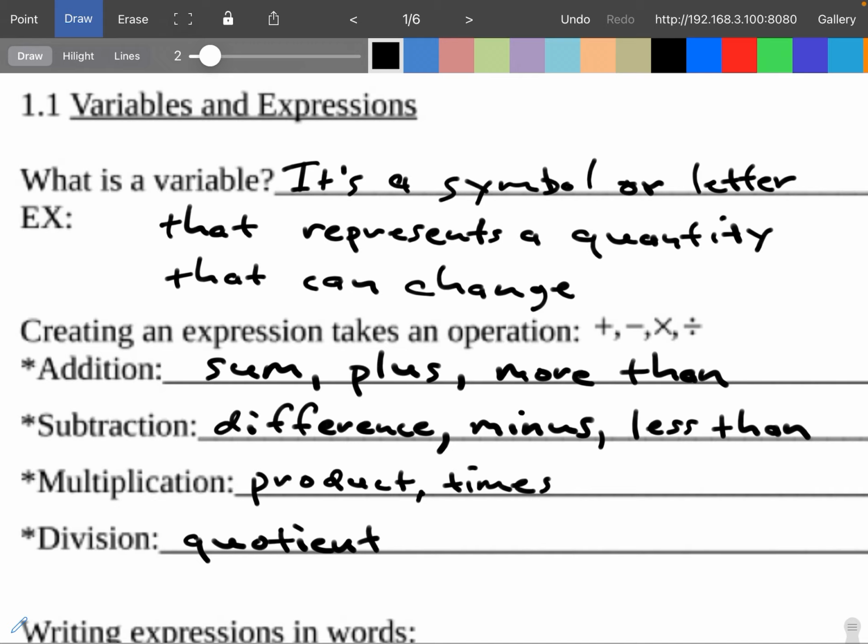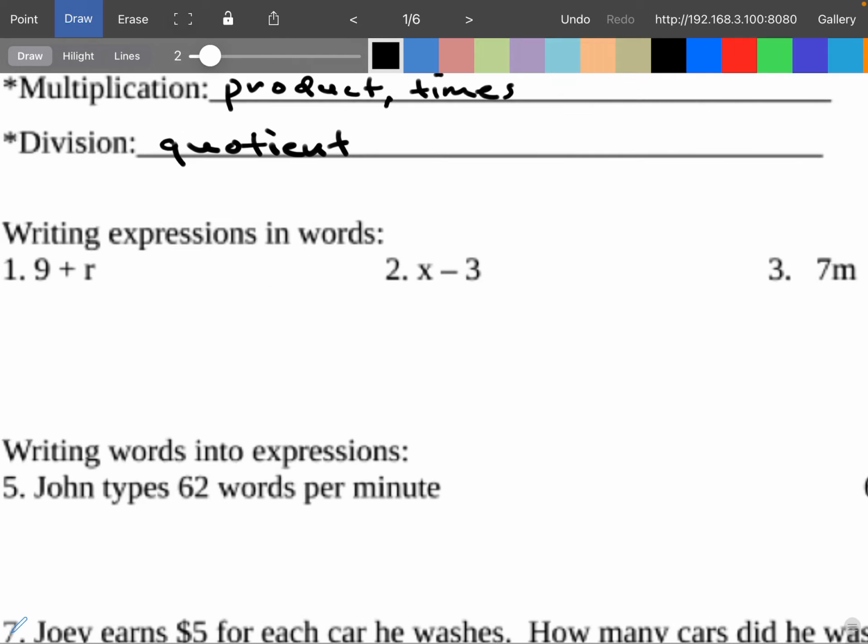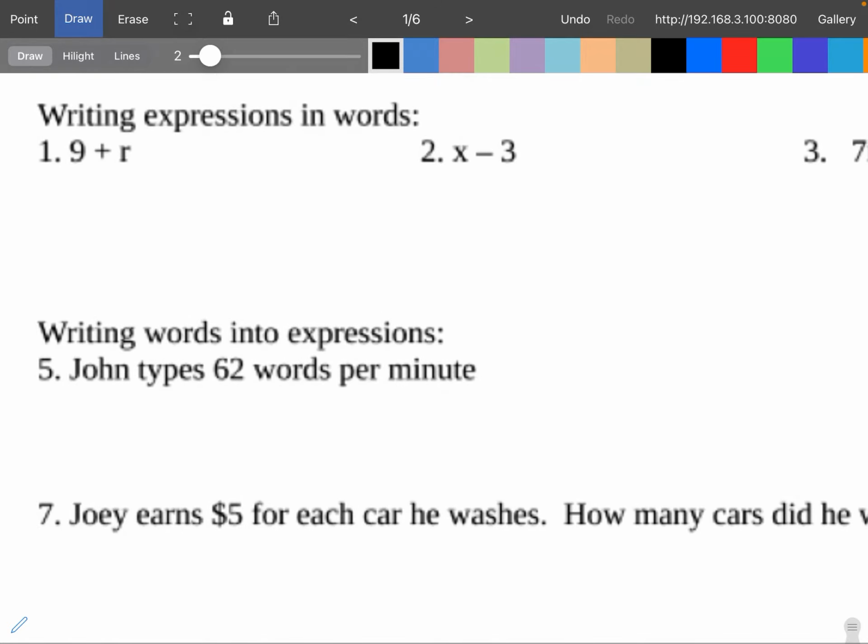I think we got them all. All right. The next part here, you guys got all that stuff? Okay. The next part says we're going to translate from symbols or math into English or words.